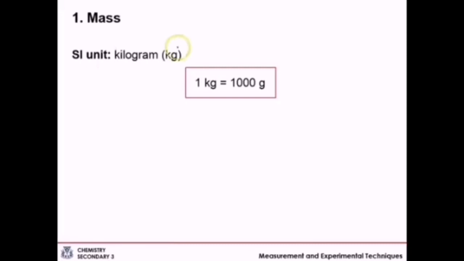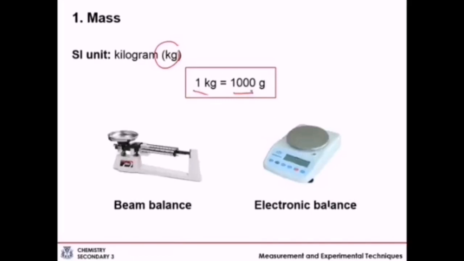Now comes to mass. Mass has different units. The famous unit is kilogram. So 1 kilogram is equal to 1000 gram. There are basically two instruments, beam balance and electronic balance, which are used to measure the mass of an object. The accurate one was the beam balance and the other one is the electronic balance.